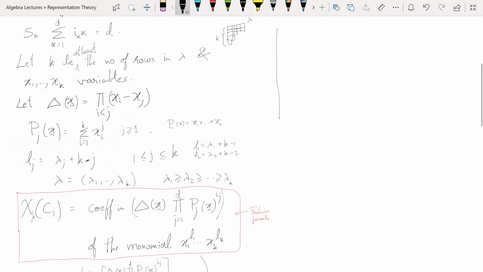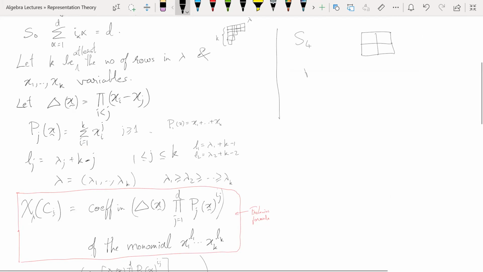S4 we had computed, so we can take S4. Let's not take the trivial one. Let's take this one.